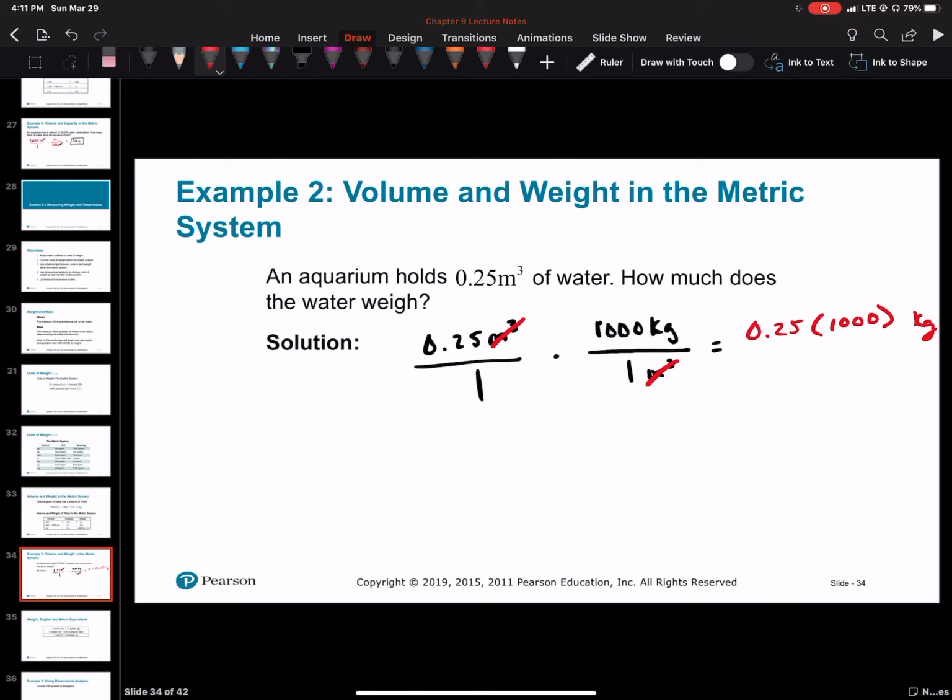So when we multiply that, we get what? 250 kilograms. So always make sure you understand that you always want to have the unit that you're trying to get rid of in the denominator so that the units will cancel out.